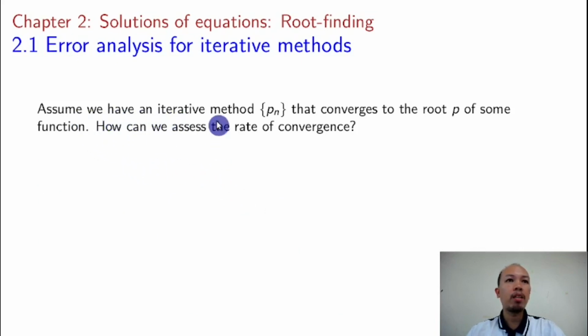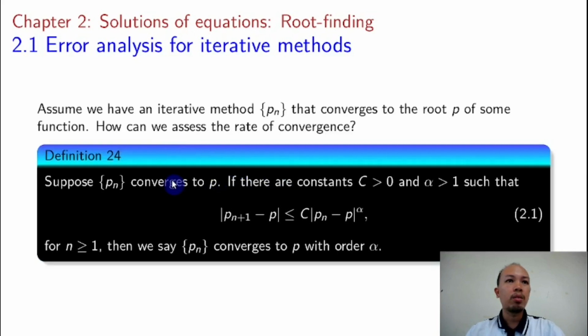Assume we have an iterative method for the sequence that converges to the root p of some function. How can we assess the rate of convergence? With this, let's have this definition 2.4. Suppose the sequence p sub n converges to p.